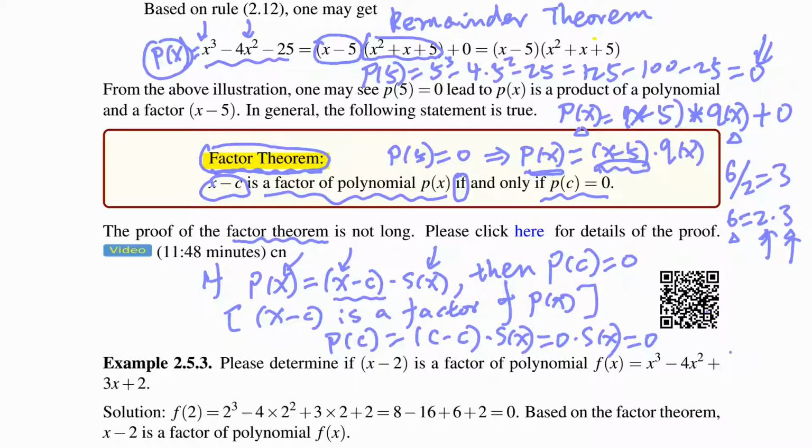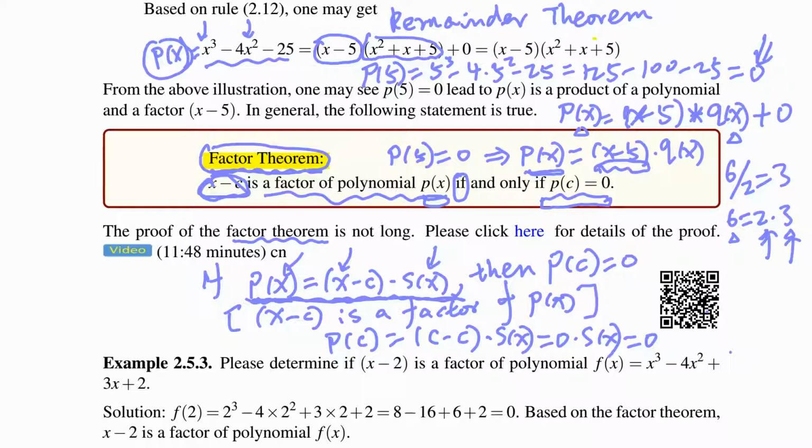So the factor theorem says two things. One thing is if p of c is 0, then you will have x minus c is a factor of p of x. That's from the remainder theorem. The other part is even easier. The other direction says that if p of x can be written in this way, or x minus c is a factor of p of x, that's another way to say x minus c times a polynomial will be p of x.